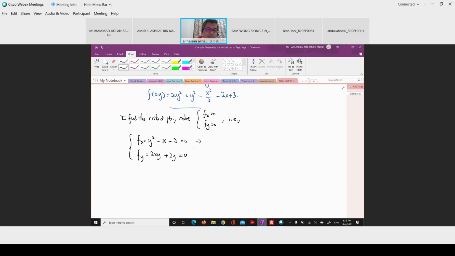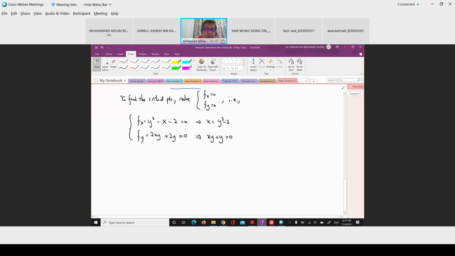From the first equation, we see that x is equal to y squared minus 2, right? From the second equation, if I divide both sides by 2, I will get xy plus y equal to 0.